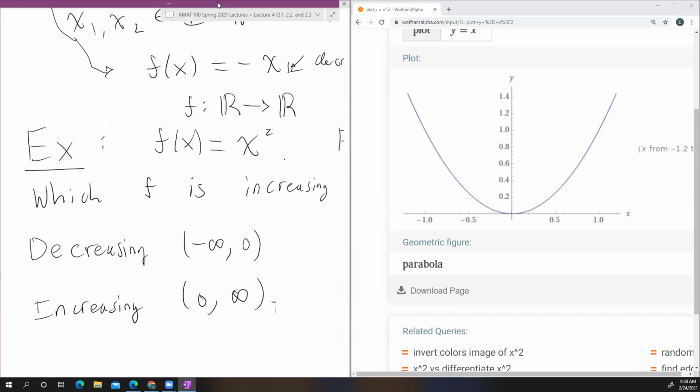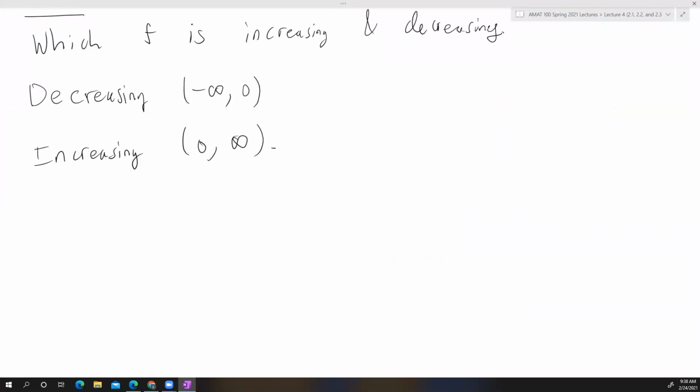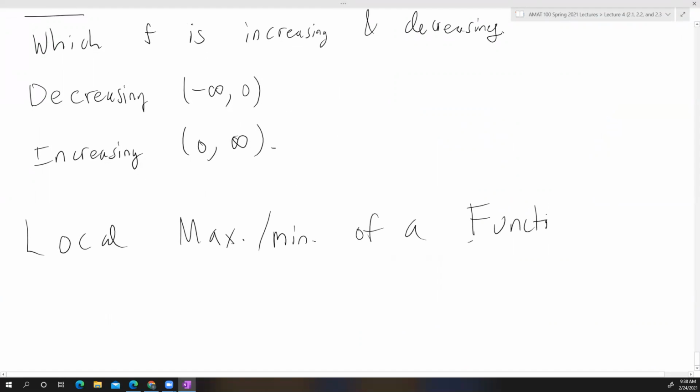So now the next thing I want to talk about, and it's related, is local maximums and minimums. So local max and minimum of a function. So first, the formal definition.